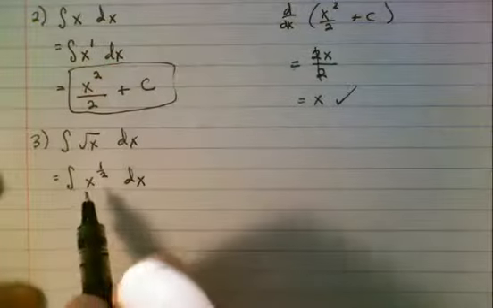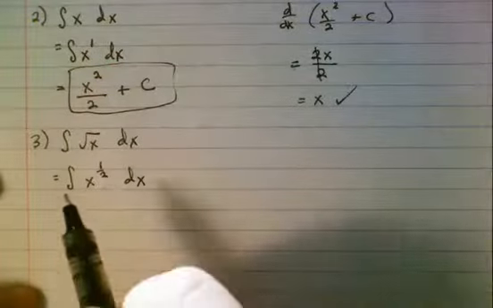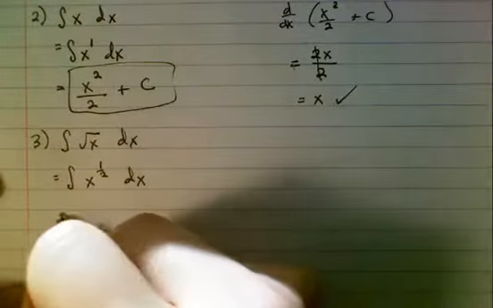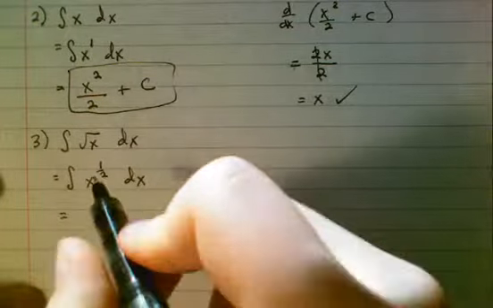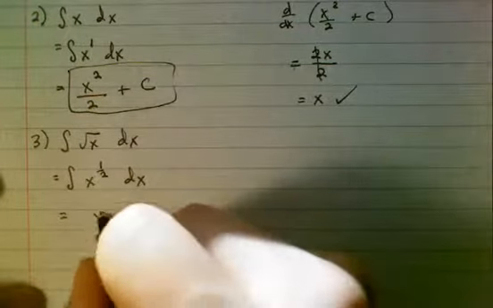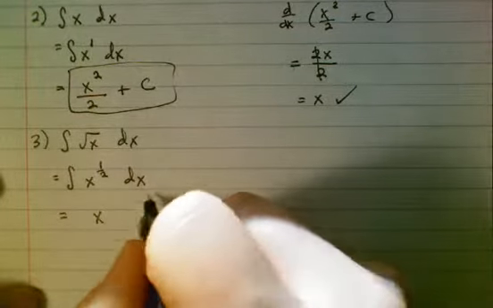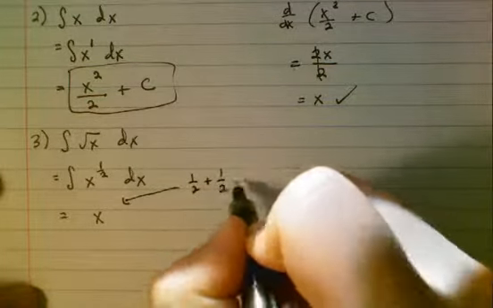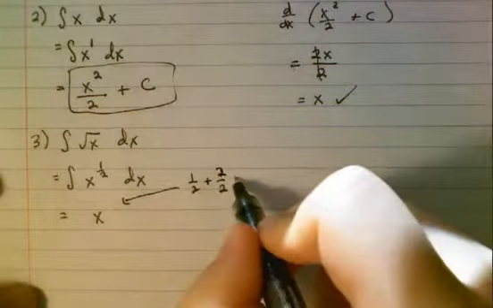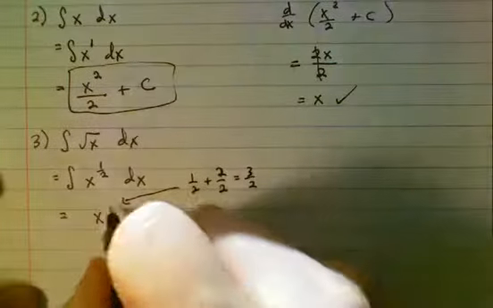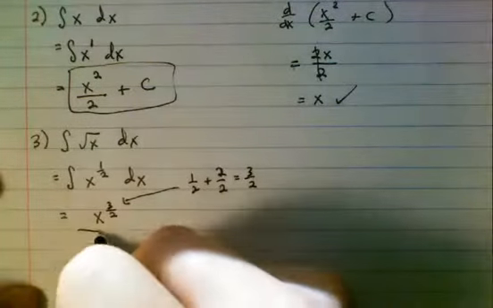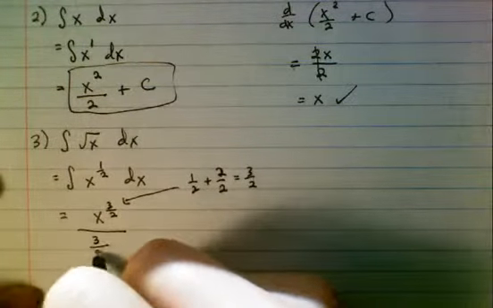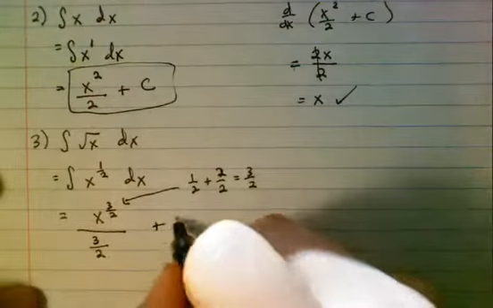And now this is just where you need to remember that now instead of subtracting 1 from the exponent, we're adding. So as we take the antiderivative, we start with 1/2, and then we add 1 to it this time. 1 is 2 over 2, so that's 3/2. So we have x to the 3/2, and then we divide by our new exponent, which is 3/2, and add c.